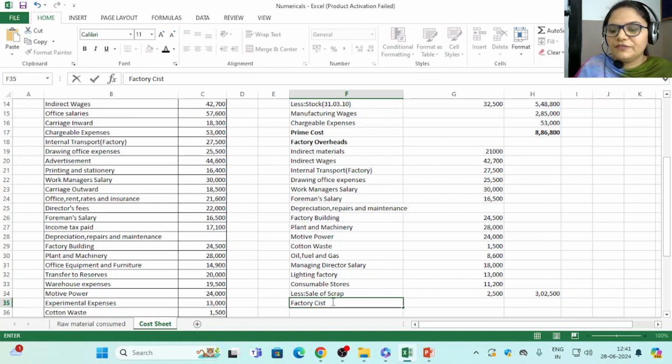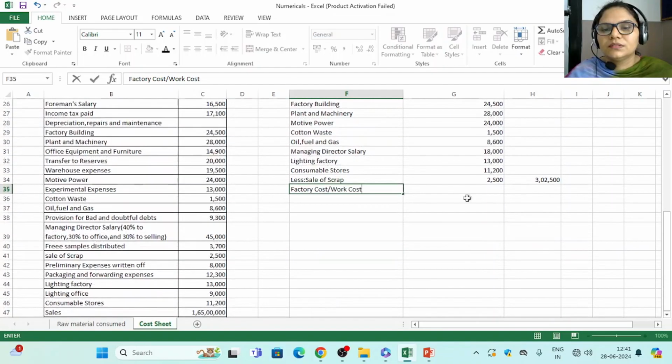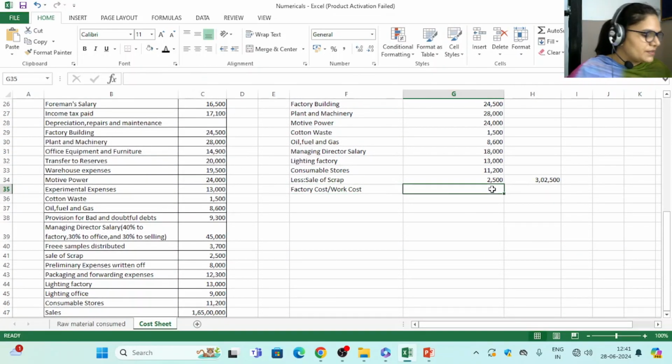We say factory cost or work cost, which is rupees 11,89,300.